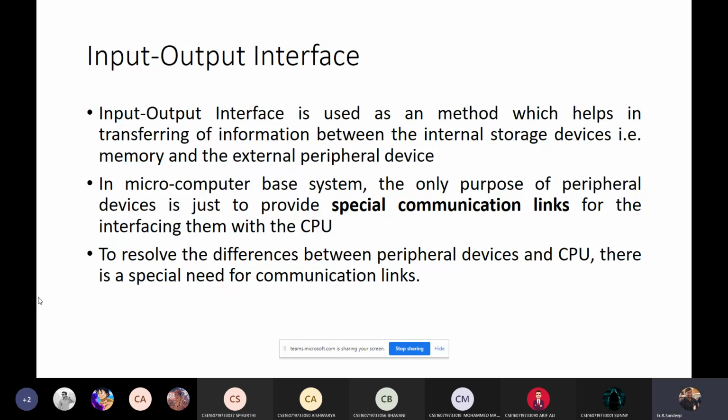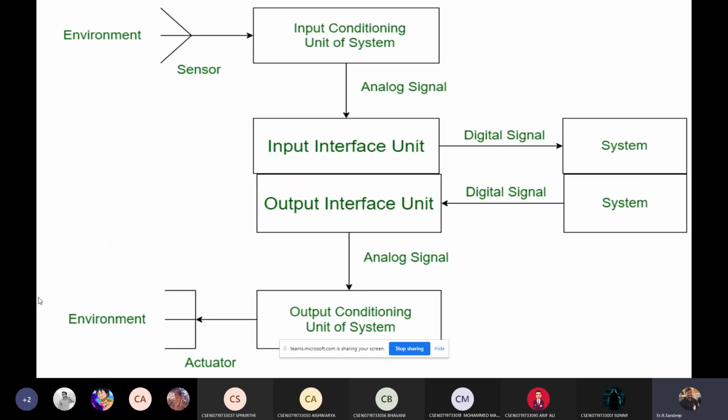Hope you understood. So what is exactly happening in a real-time scenario? Suppose you take one sensor which is installed in a real-time environment, and here we have an input conditioning unit or system. The sensor will give data to the input unit in the form of analog signal, but the system will understand the digital signal.